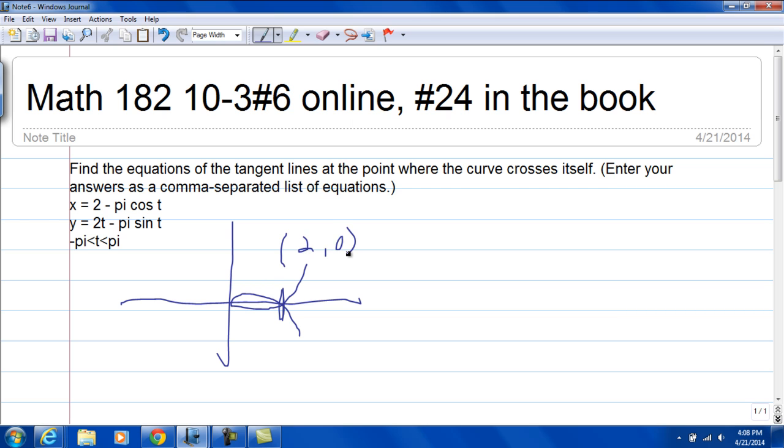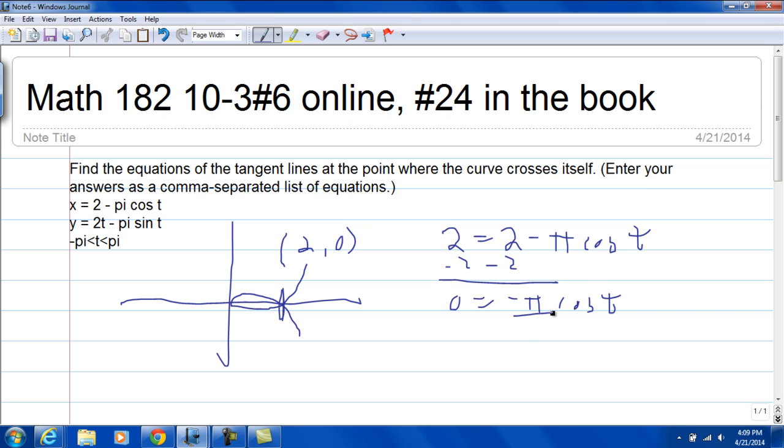So we can plug this in, the 2 in for the x. 2 equals 2 minus pi cosine t. So subtracting 2 from both sides, 0 equals negative pi cosine t.